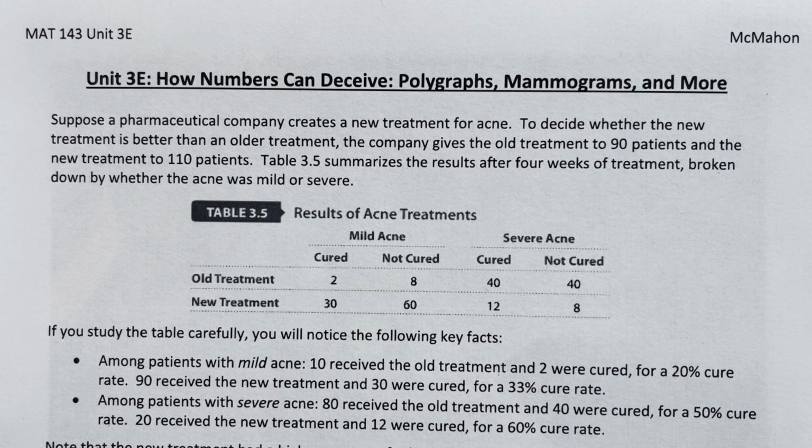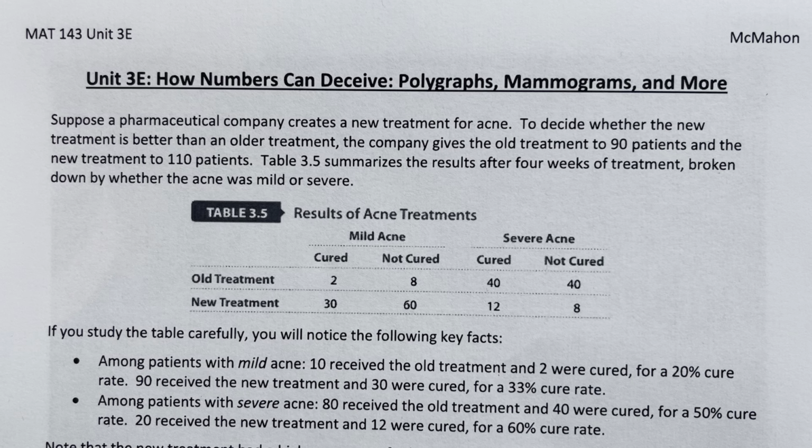So we're going to take a case of a pharmaceutical company. They have a new treatment for acne. To decide whether the new treatment is better than the old treatment, they give the old treatment to 90 patients, the new treatment to 110 patients, and the data is summarized below. Now, several mistakes with this.